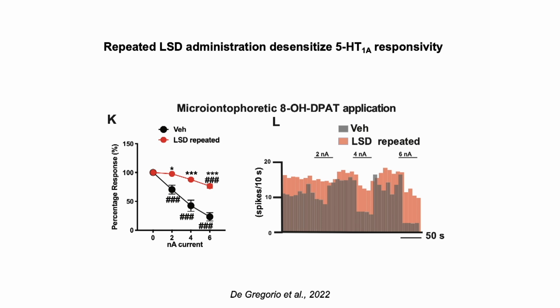So what happens when we microiontophoretically inject this drug, which is pretty difficult to pronounce, DOI, which is a selective agonist of this 5-HT2A receptor? In animals treated with vehicle, when this receptor is activated, we see basically a reduction of the neuronal activity.